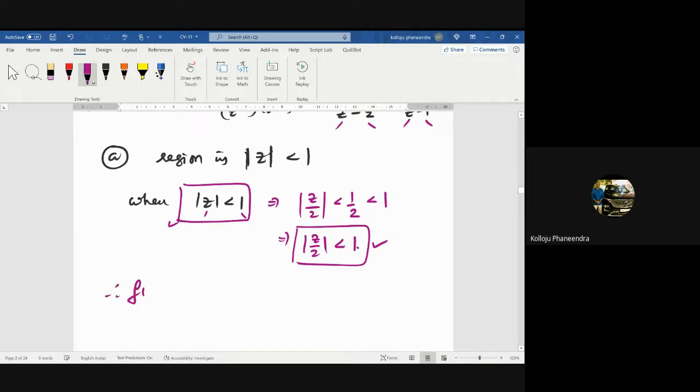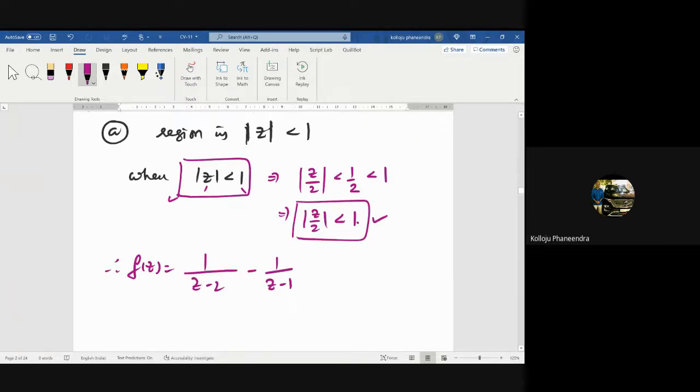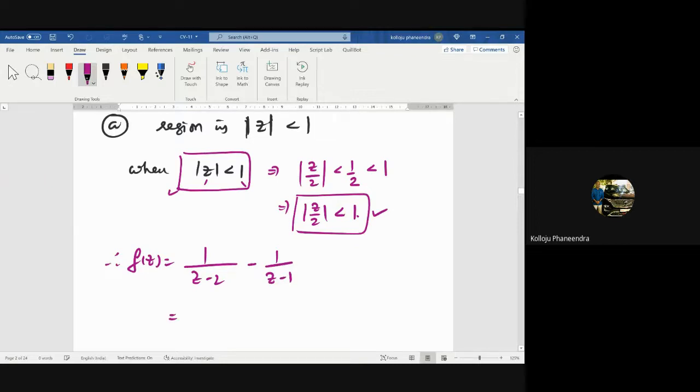Therefore, how to modify this f(z)? Z minus 2 minus z minus 1. In the first term, I have to get z by 2 terms. Therefore, take minus 2 common, 1 minus z by 2. I have to get z by 2 terms, compulsory.